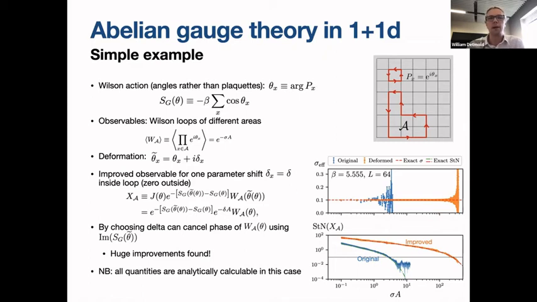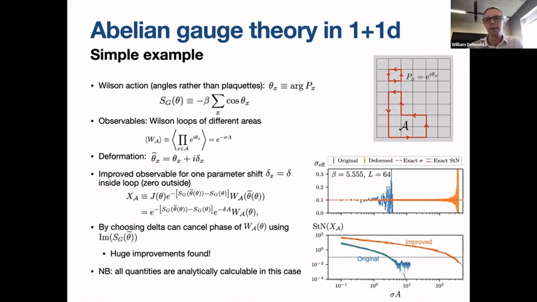And we're going to deform our contour. And in this case, this means taking our angular variables phi of x at each value of x, and we're going to do the simple deformation of just doing a vertical shift. So theta of x goes to theta twiddle of x, which is theta of x plus i delta of x.